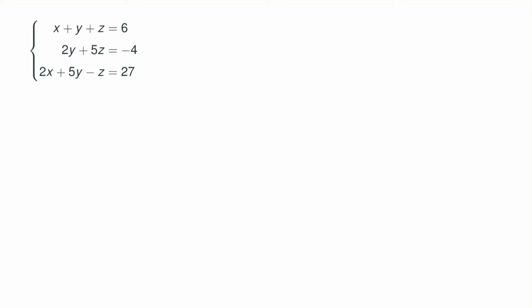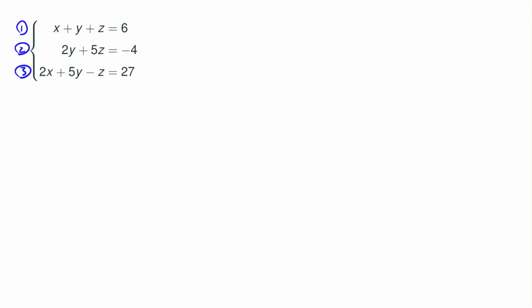So we're solving this problem using elimination. So we have first equation, second equation, third equation. So first, we need to come up with a fourth and fifth equation in general to eliminate a variable so that we can make two equations, two variables.